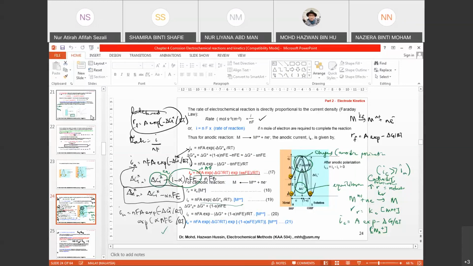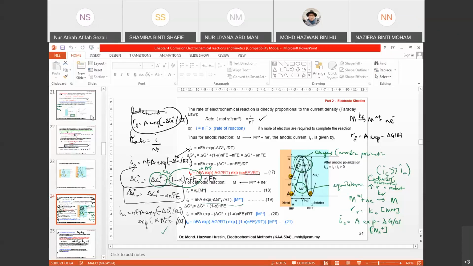So this is basically what you have seen. As I said, this part is quite important for you guys to understand or to memorize. At least if you cannot really understand, you just need to memorize, because in this chapter, the essential part will be on the derivation of anodic current density, cathodic current density, Butler-Volmer equation, and also Tafel slope.